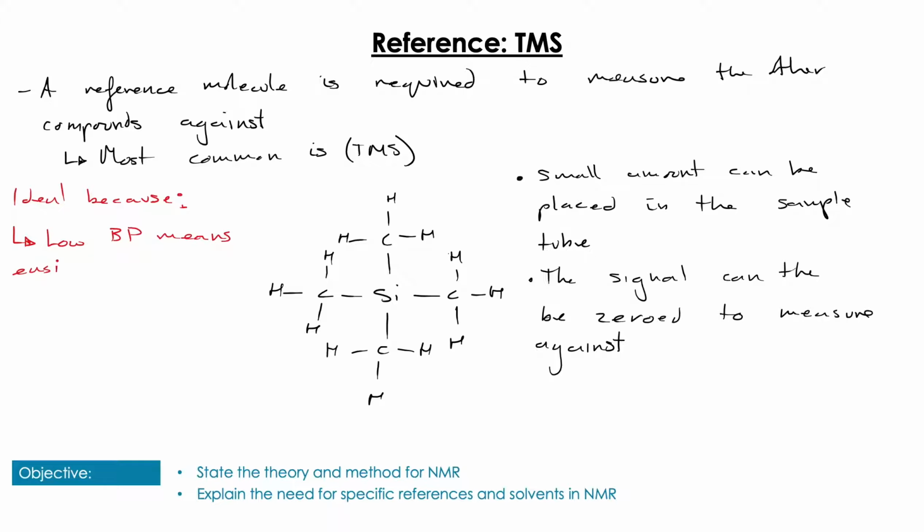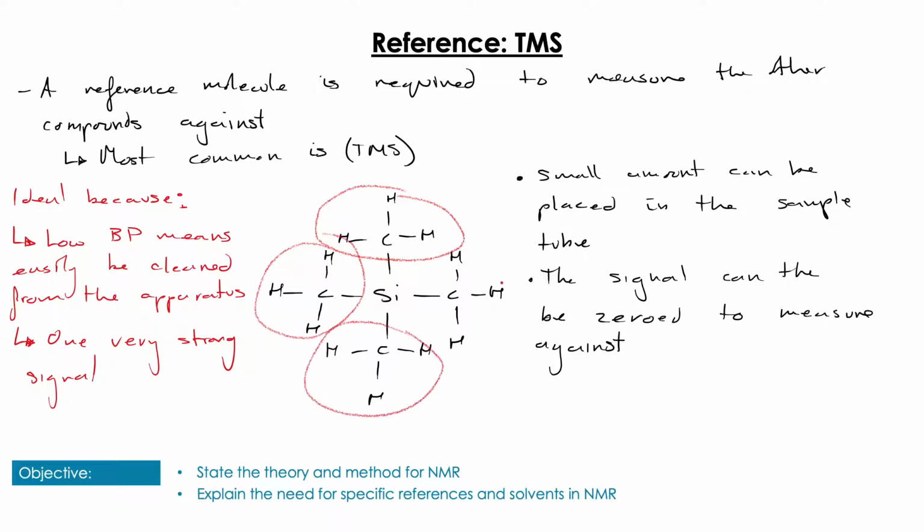If we look at the structure here, we can see it's very symmetrical and there's lots of carbons and lots of hydrogen. So we're going to get a very strong individual signal because all of our hydrogens in this molecule are equivalent. There is effectively 12 of the same hydrogen. So it's ideal for using as a 0.